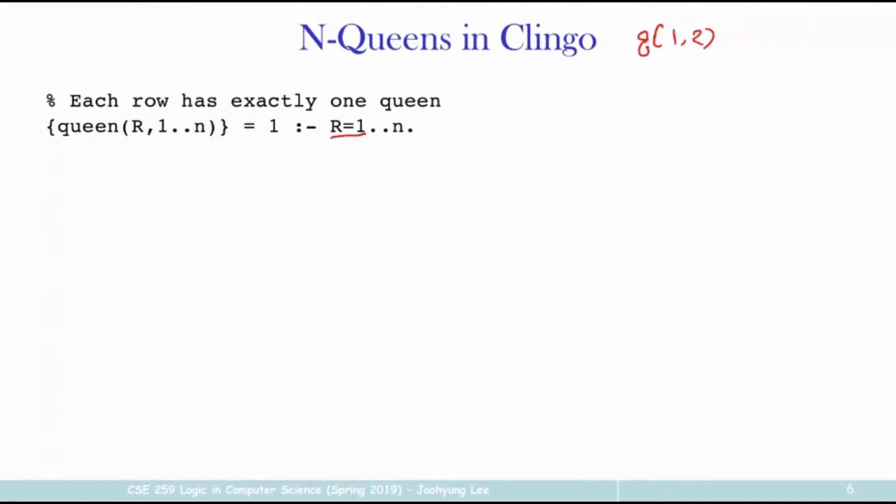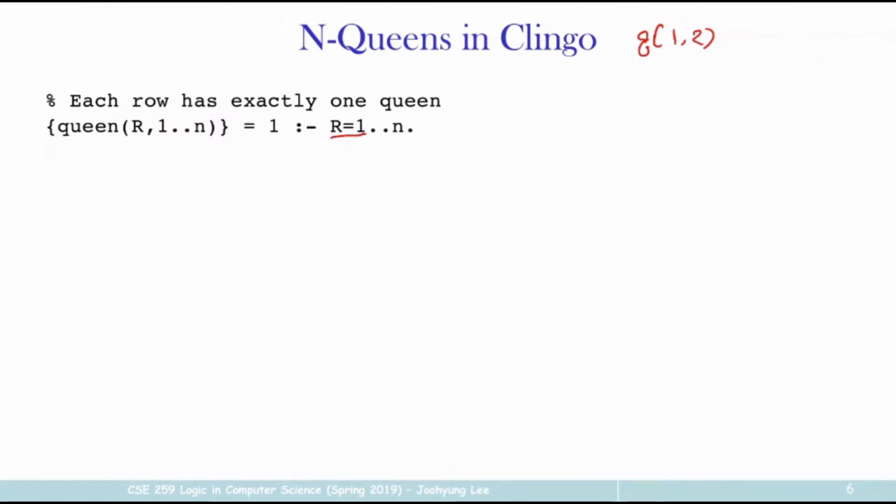For those who maybe forgot what we did last time, let me try to instantiate this rule. R goes from 1 to n. Let's say n equals 3, because 8 is probably too much.